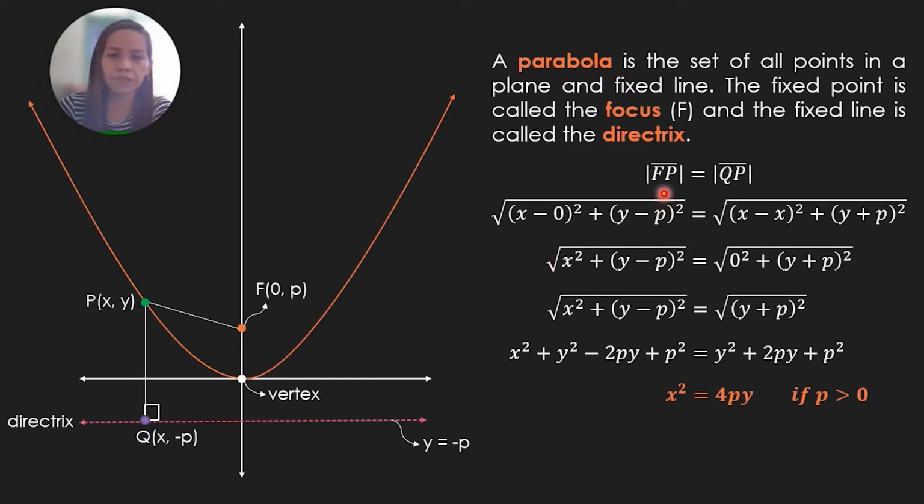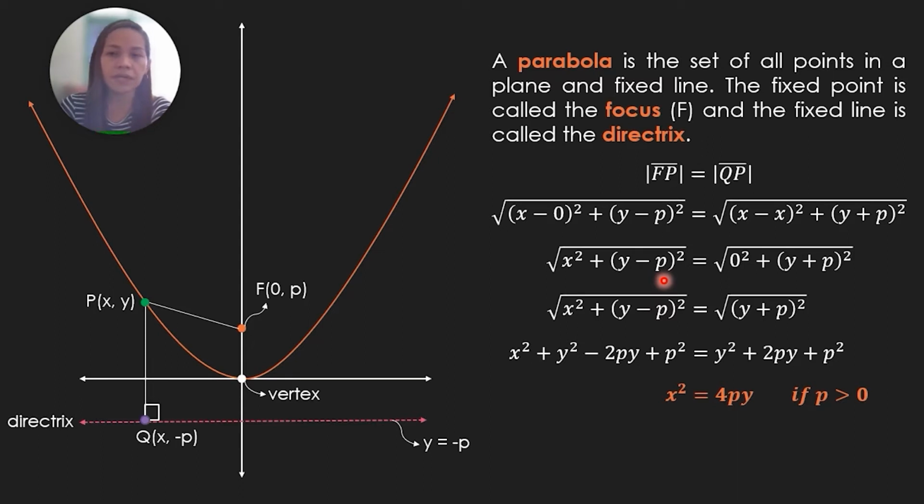For FP, of course, we have x minus 0 squared plus y minus p squared, and this is equal to this one: x minus x squared plus y. It became plus, of course, because p is negative. Take note, that's supposed to be minus, but because it is negative, it becomes plus. And of course, this will be x squared, and this would still be y minus p squared.